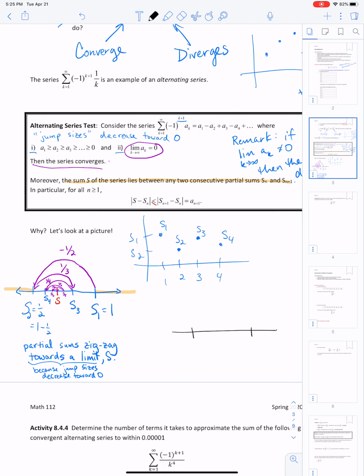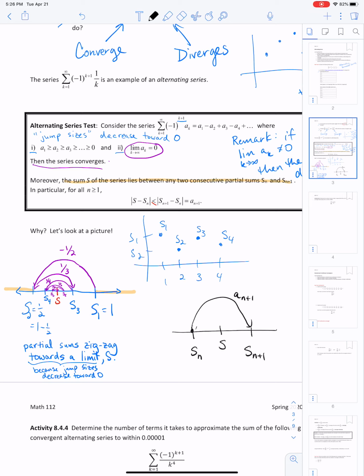So if I have, let's just go ahead and put Sn here and Sn plus 1 here, right? And so what did I add to get to Sn plus 1? I added An plus 1 to get from here to here. And I know that I've jumped over, so the limit has to be somewhere in between Sn and Sn plus 1.